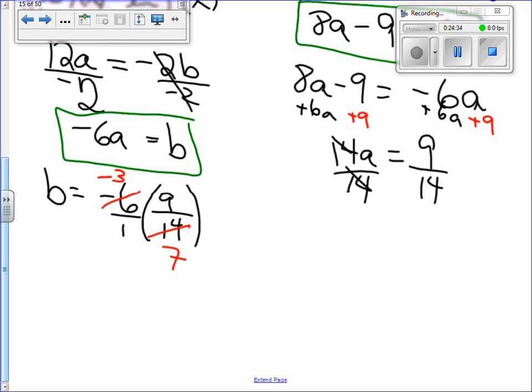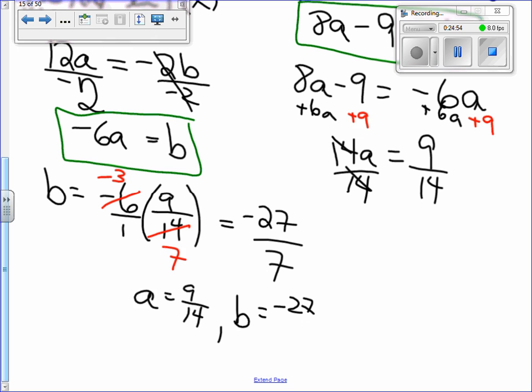What do we get? Negative 27 over 7. So you just multiply first, you had negative 54 over 14, and then you reduce. Got to reduce sometime. All right, so that was our answer. We had a is equal to 9/14, and b was equal to negative 27/7. Those are the two.